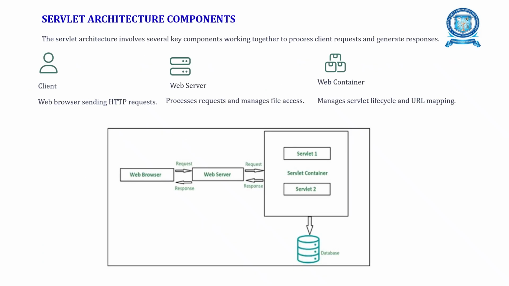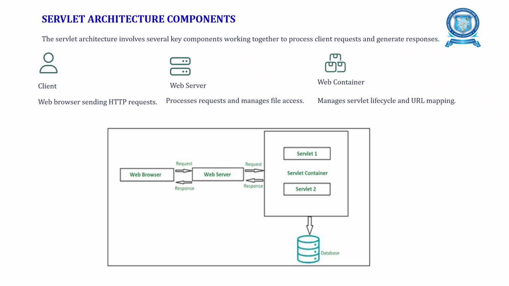Servlet architectural components. Servlet architecture contains the business logic to process all the requests made by the client. Below is the high-level architecture diagram of a servlet. The diagram shows the web browser sends the request to the web server.